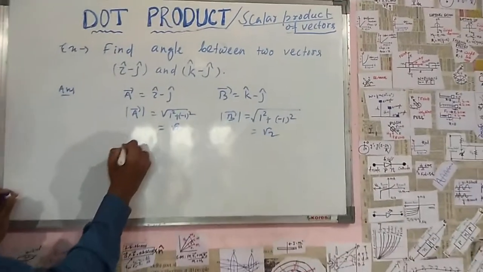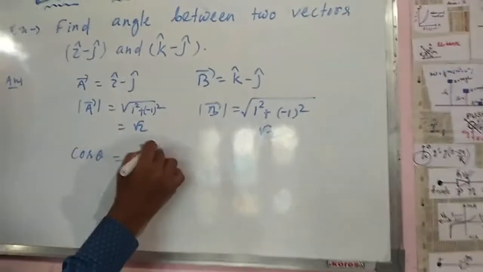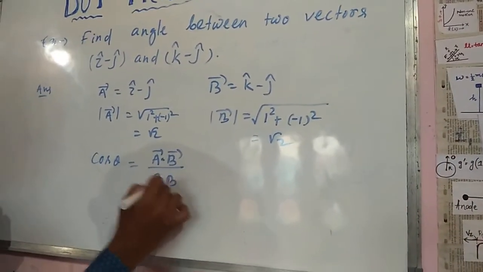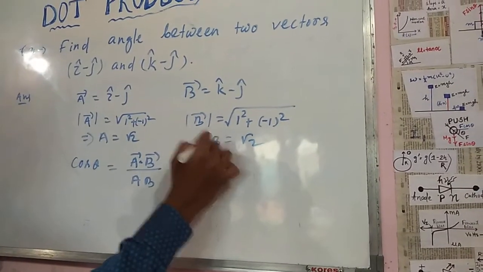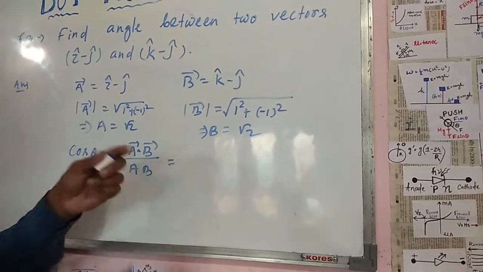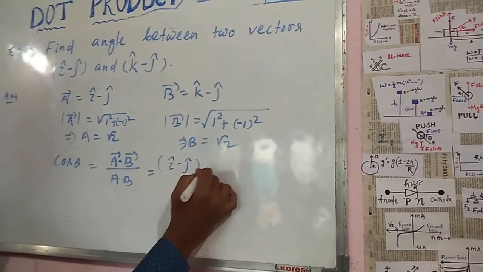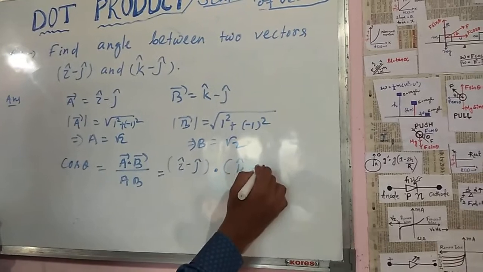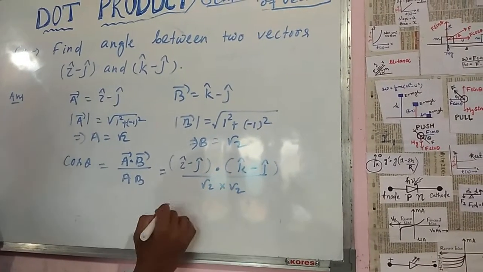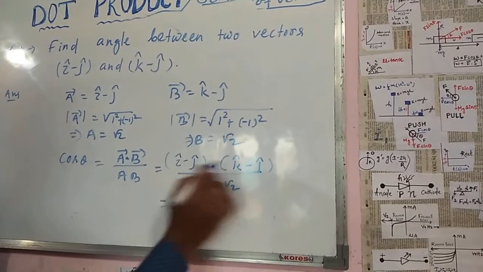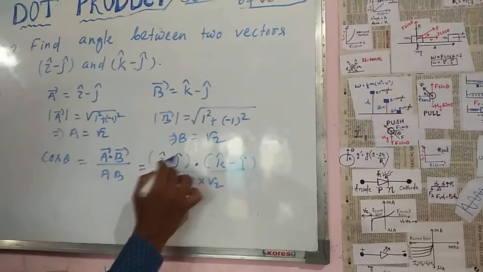So now we find cos theta equal to a vector dot b vector by ab, where a means a mod and b means b vector mod. The a vector dot b vector will be i cap minus j cap dot k cap minus j cap, by root 2 into root 2. So i cap dot k cap is 0, i cap dot j cap is 0, j cap dot k cap is 0, j cap dot j cap is 1, and minus times minus gives plus.